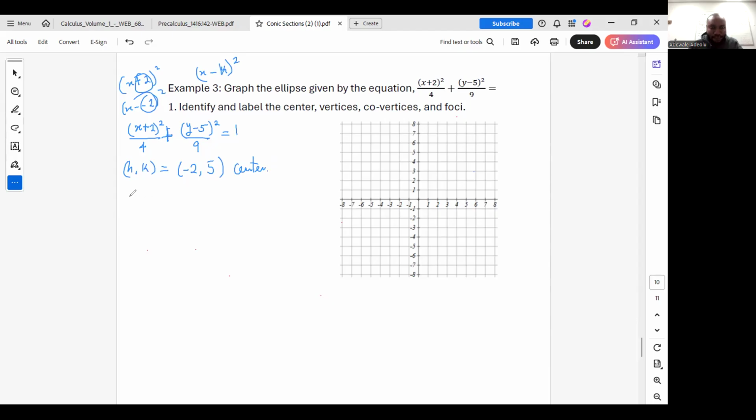Now, there is a story this equation is telling. It is telling us that since 9 is bigger than 4, the major axis is along y.